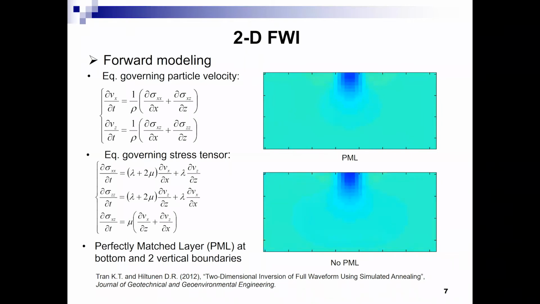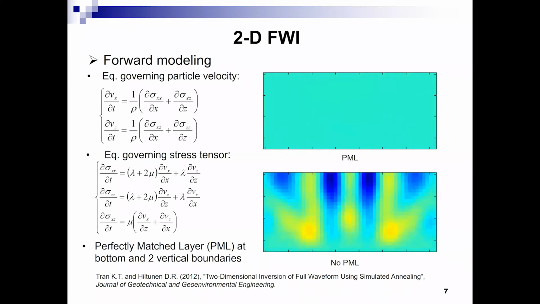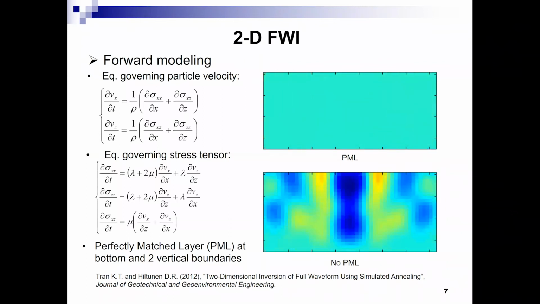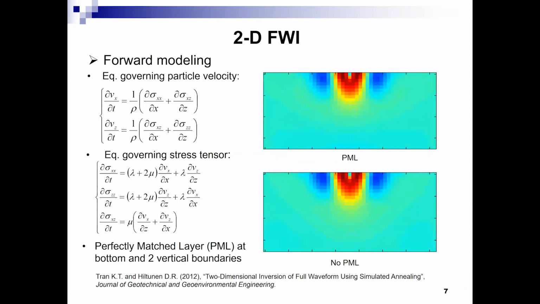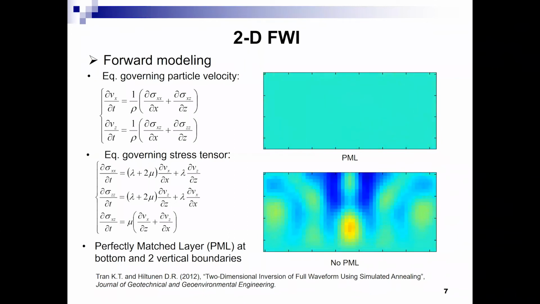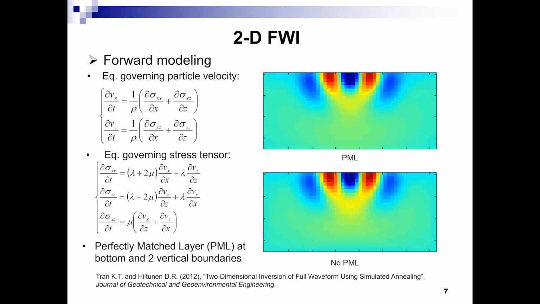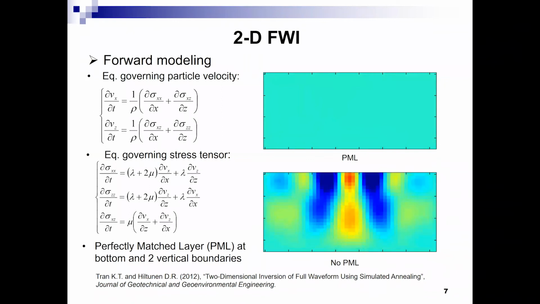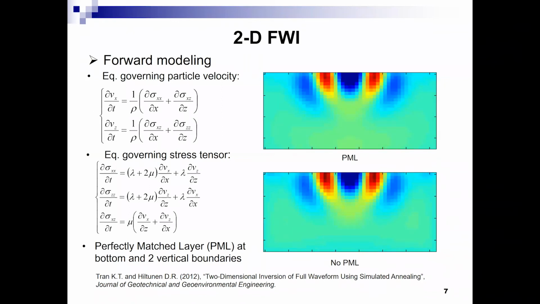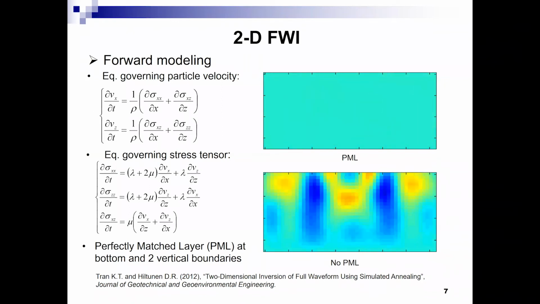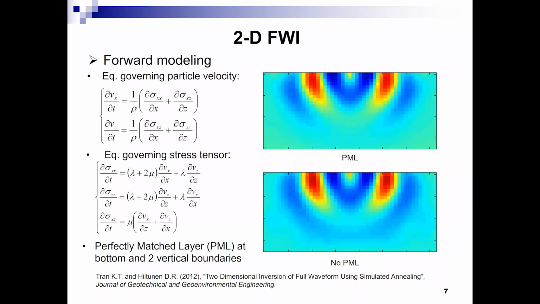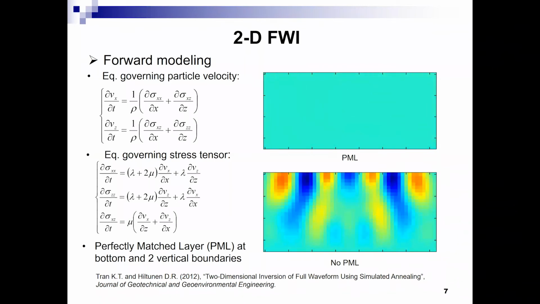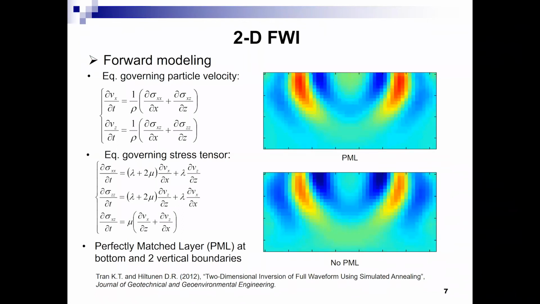But when we model, we can only model a finite medium. So we have to treat the boundary with a special boundary condition so we can avoid artificial signal reflected from the boundary. Here we use the so-called perfectly matched layer boundary condition at the bottom and two vertical boundaries. Here you can see the comparison with and without the perfectly matched layer.